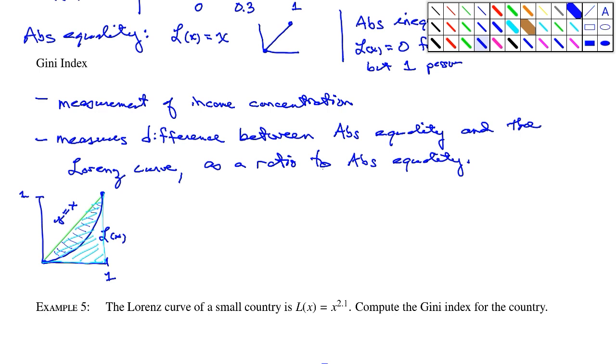Well, again, we're looking at area. To look at area, we need an integral. So here's the formula, or at least the derivation. The formula will come at the end, of the Gini index. You need to take the area between the Lorenz curve and the absolute equality. So this is going to be the integral from 0 to 1. Absolute equality is the function x. The Lorenz curve is L of x.